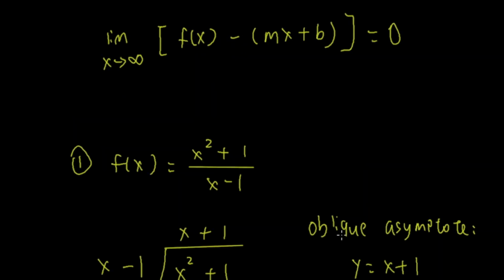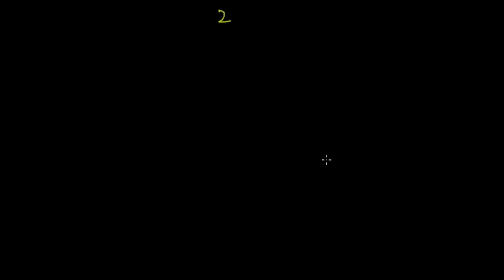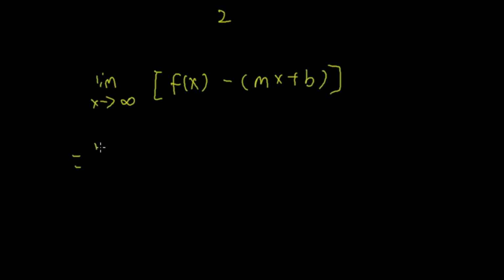Now, let's put it into the limit here and see if we get to 0. Okay, so limit as x approaches infinity, f at x minus mx plus b equals limit as x approaches infinity.